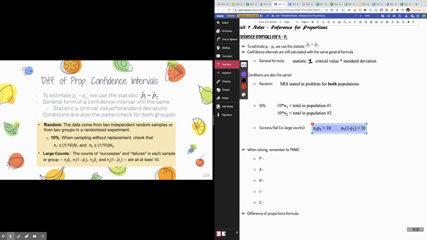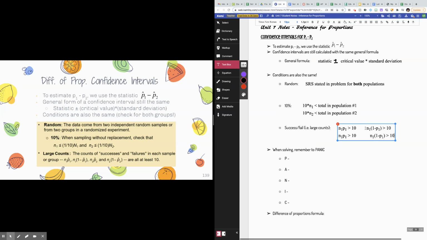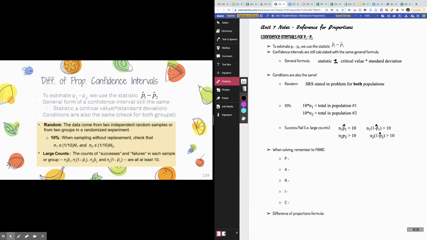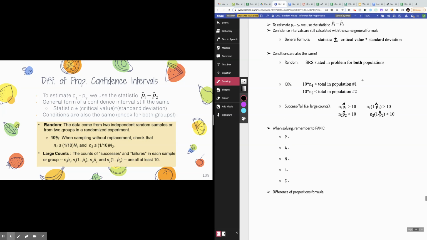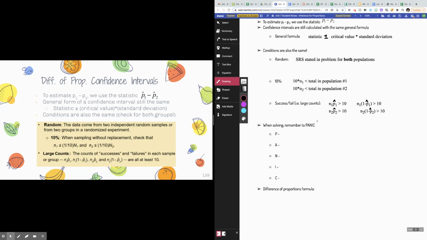So that's for population number 1. And then we have the same thing for population number 2, so I'm going to change all of my subscripts here from 1 to 2, making sure we're dealing with p hat 1 and p hat 2, because we don't know the true proportions. That's the whole point of a confidence interval, that we don't know the true proportions, so we have to estimate them using our sample proportions. So same conditions that you're used to checking.